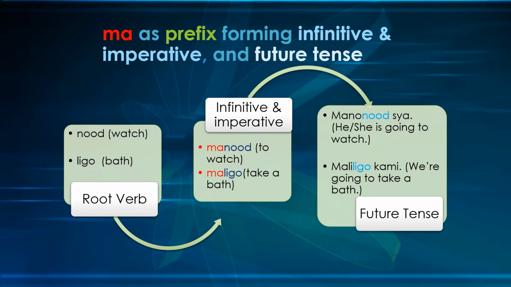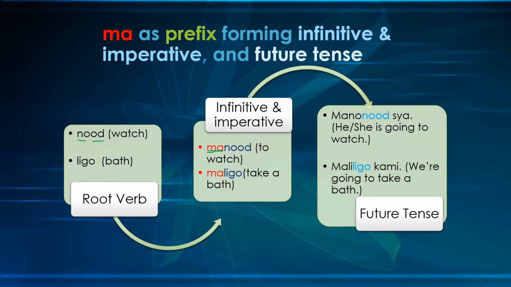Let's have an example. The word is nood, pronounced like nood, which means to watch. If we put ma at the beginning, we will have a new word, manood, which means to watch.